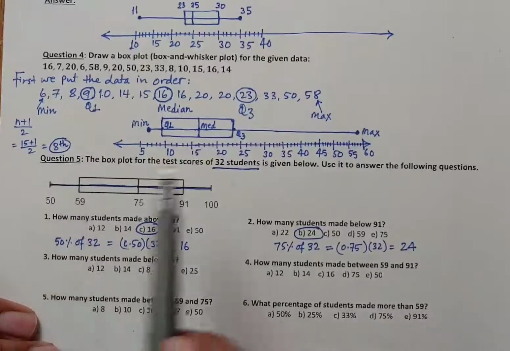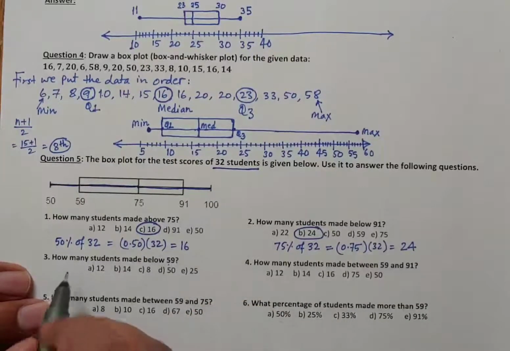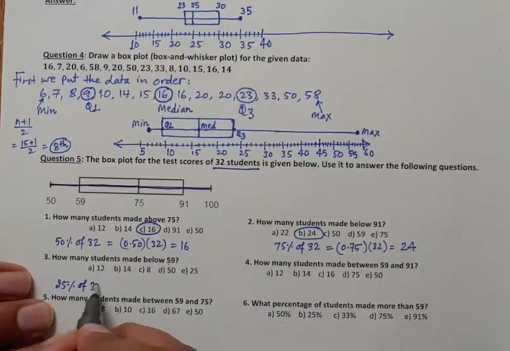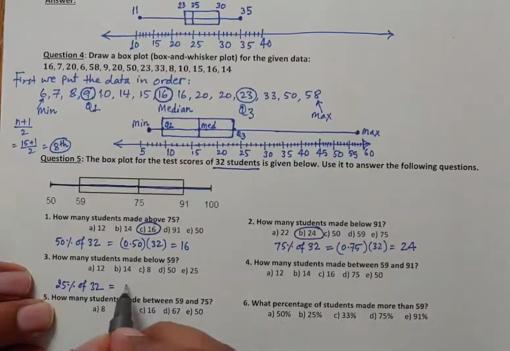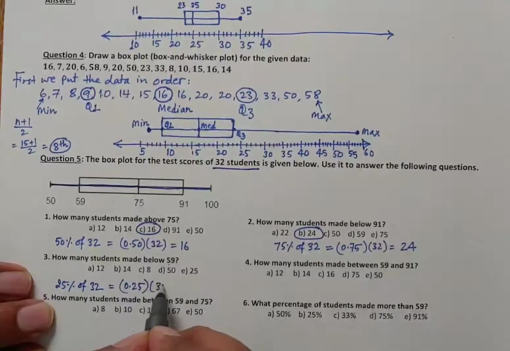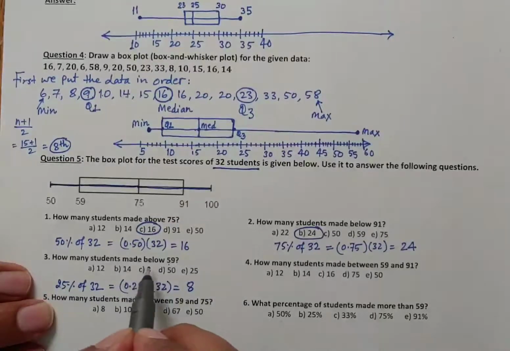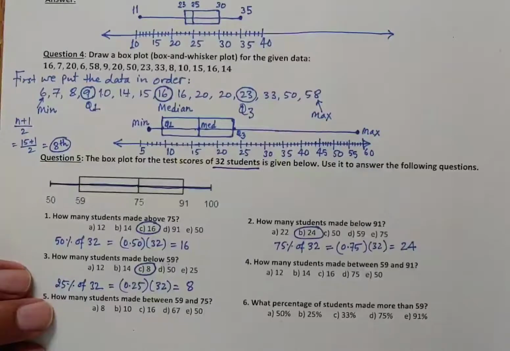So 25% of 32 students. Below 59 is 25%. 25% of 32 is 0.25 multiplied by 32, which is 8. So 8 students made below 59.